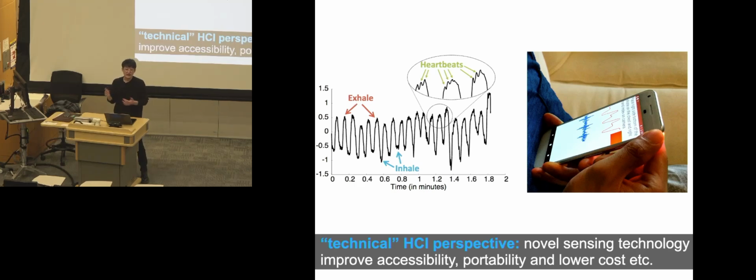You can enable more sensing environments outside of clinic settings, as well as lower cost, so that all of these devices can be more largely distributed to underdeveloped areas or areas that don't have as quick access to medical resources.